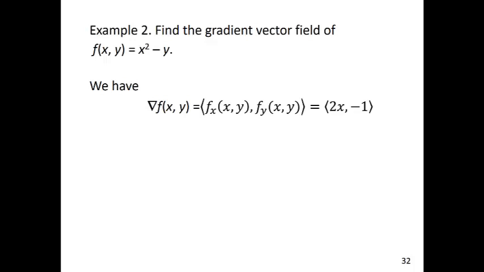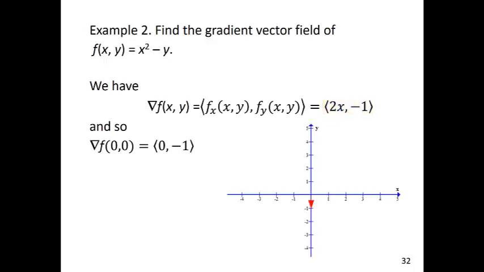Let's plot just a few points to get the picture. This particular gradient of f will take the point 0, 0 to the vector 0, negative 1. We sketch that by starting at the point 0, 0 and sketching a vector which has no left or right component but points straight down 1 unit. This gradient vector field is going to take the point 1, 0 to the vector 2, negative 1. So starting at the point 1, 0, we would sketch a vector which points to the right 2 units and down 1.